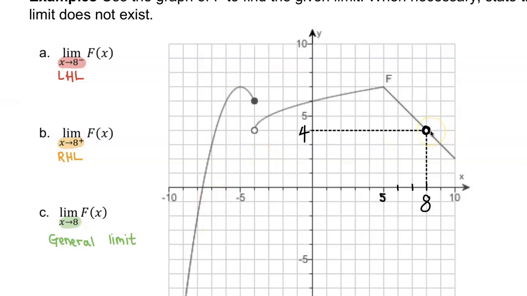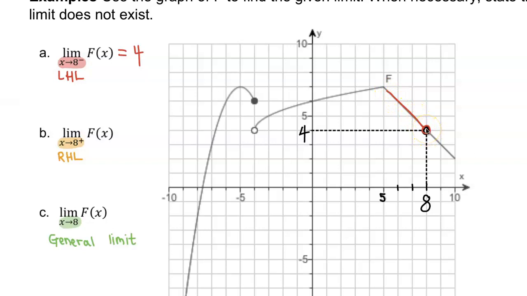This one right here. But the limit is what they're getting really close to. So take a look. I'm trying to get to this open circle from the left. If I try to go to this open circle from the left, I am approaching the y value of 4, right? So the limit does exist. The left-hand limit is 4, because from the left, I'm getting really close to the y value of 4.